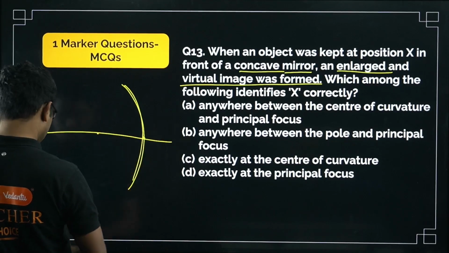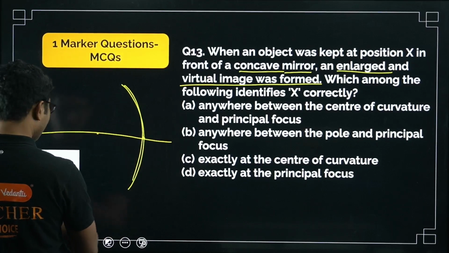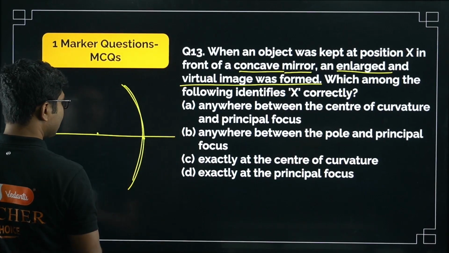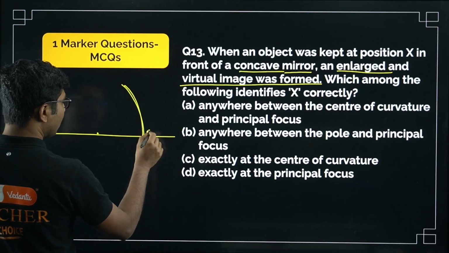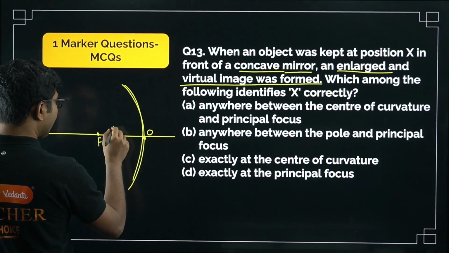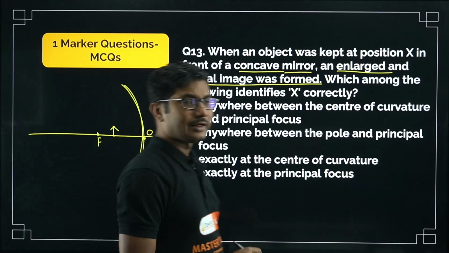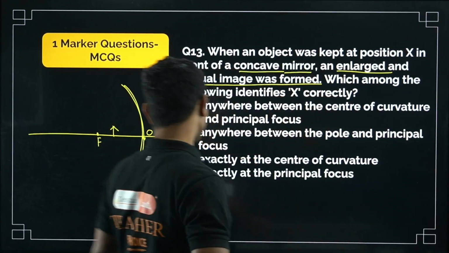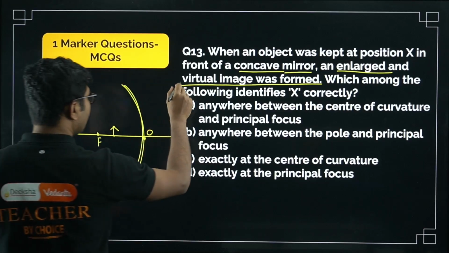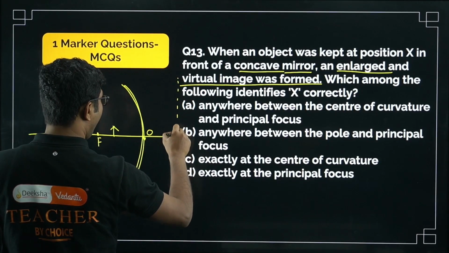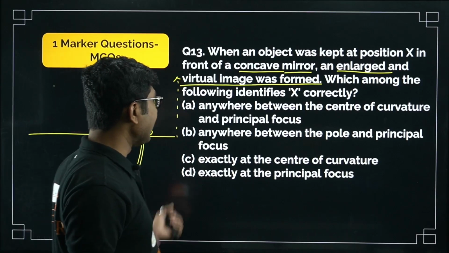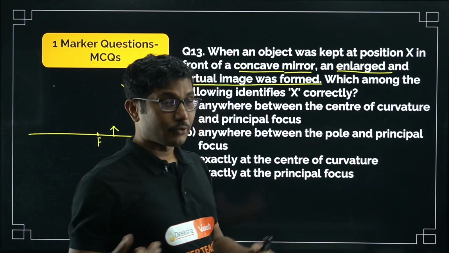So this is optical center, say O, this is focus, say F. So if you keep the object between F and O, then only you will get a virtual and erect image. Anywhere between the center of the mirror and the focus.